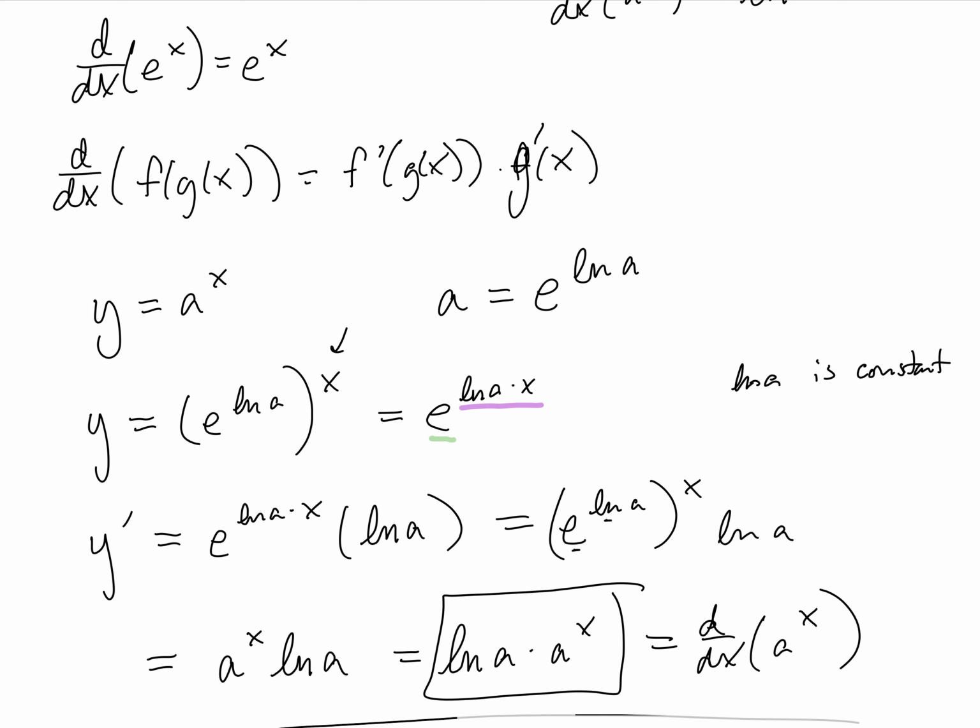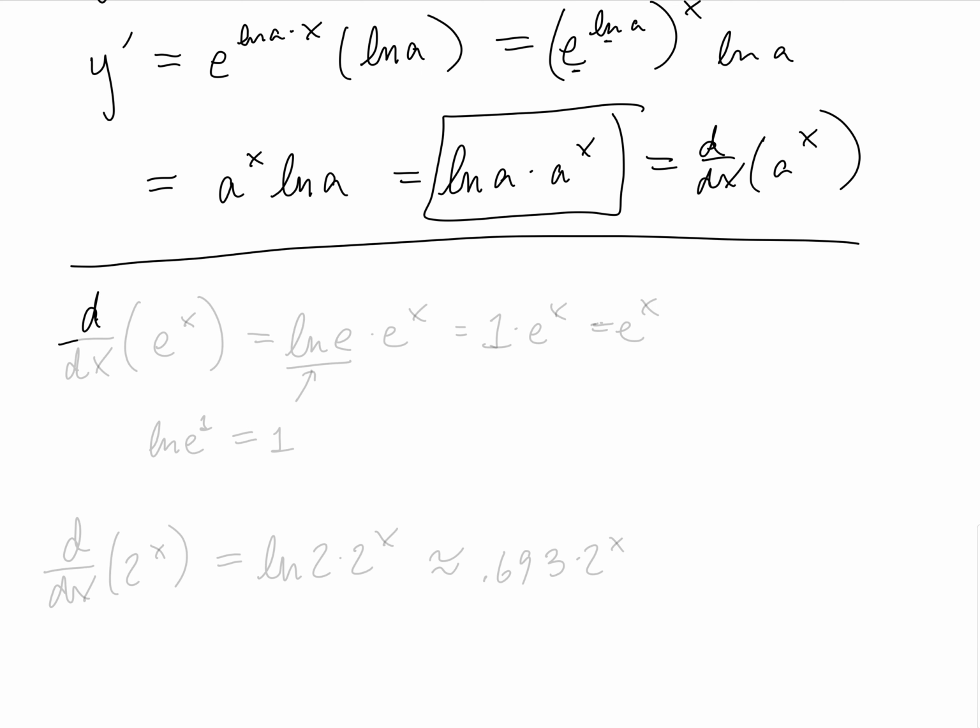So a few things to note here. One is that this does agree with the derivative of e to the x. So if we just thought of e as any number that is positive and not equal to 1, and we wanted to use that rule above, then this would be equal to the natural log of e times e to the x. And what's the natural log of e? Well, ln of e is the power that we must raise e to get e back.